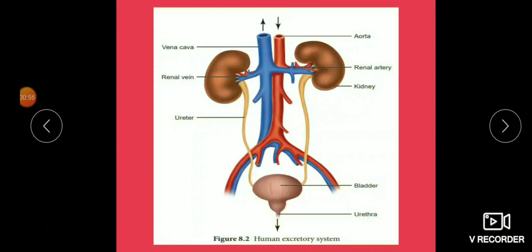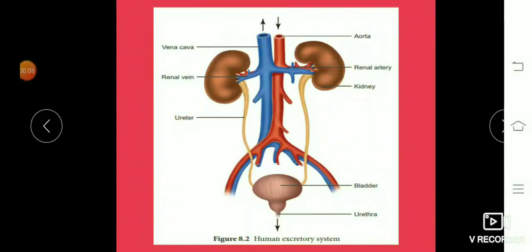In other words, you can say ureter connects kidneys to the urinary bladder. Next, urinary bladder. It is a bag which stores the urine for some time. And here you can see a small opening. This opening is just like a small tube through which the urine is passed out from the body.